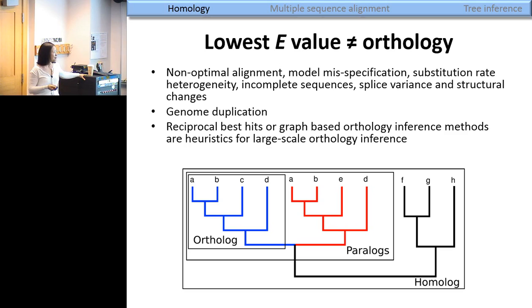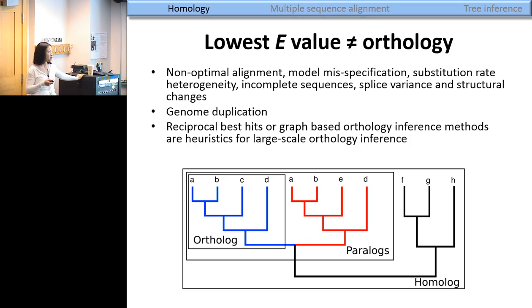And you could have substitution rate heterogeneity. I know that in mammals, substitution rate is highly correlated with generation time and metabolism, so substitution rate heterogeneity is everywhere. Also, different copies of genes can sometimes have different selection pressures, so things can throw off your E-value.